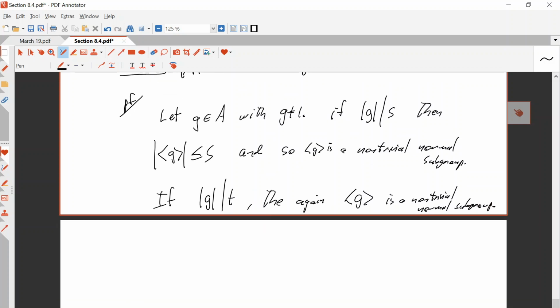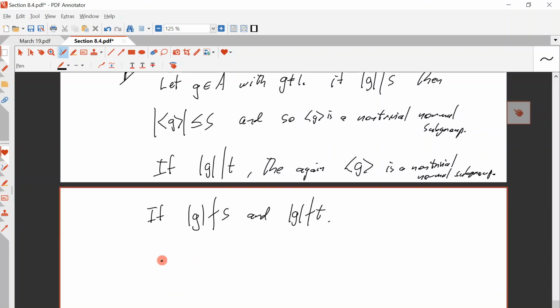All right, so now suppose that the order of g does not divide s, and the order of g does not divide t. So it has prime factors that go into s and prime factors that go into t.